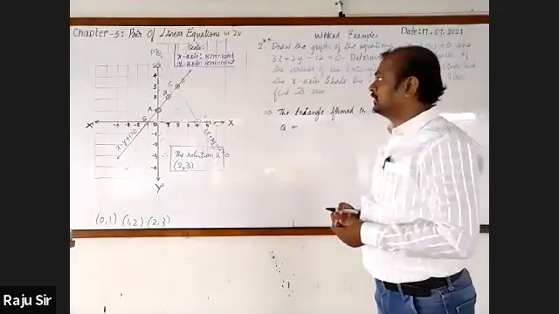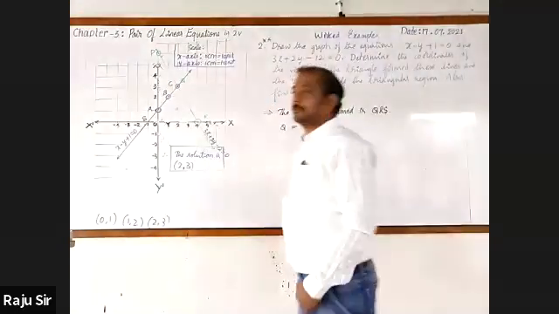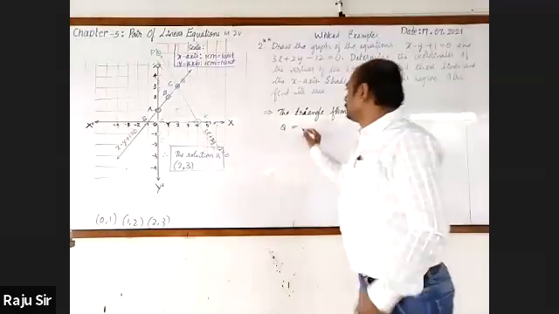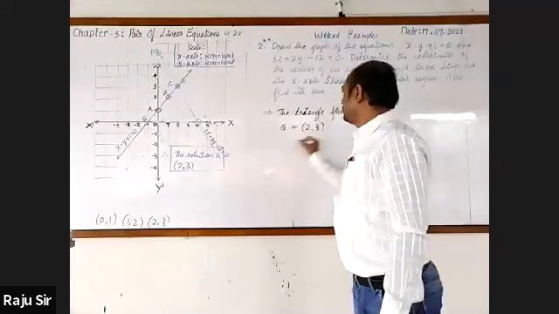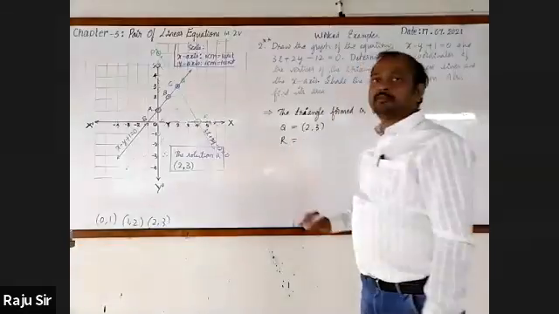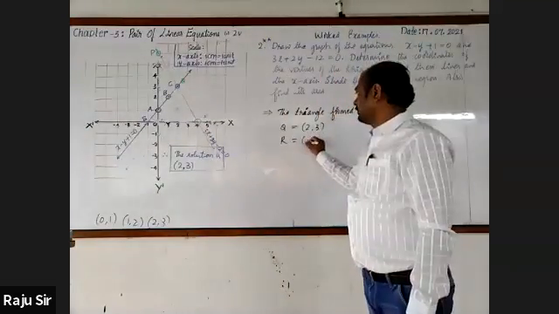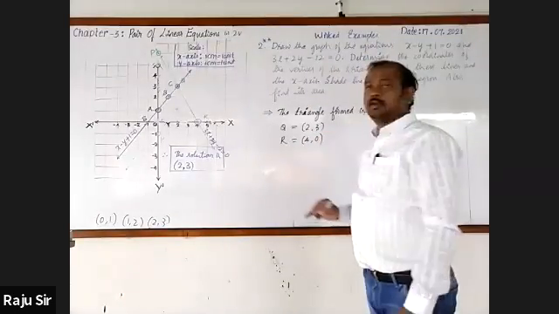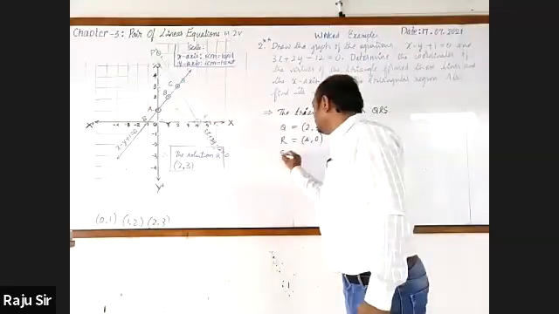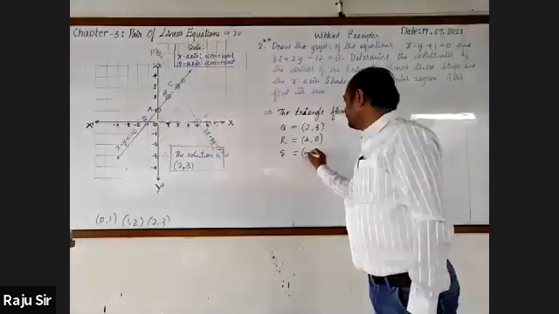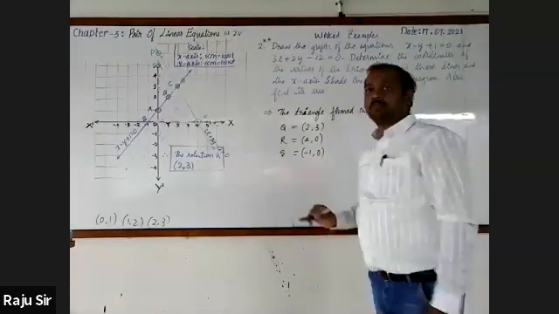Coordinates of Q are 2, 3. The coordinates of the vertex are 4, 0. And yes, -1, 0. Very good.